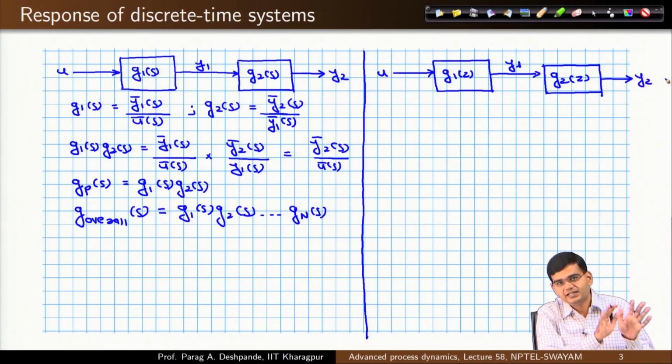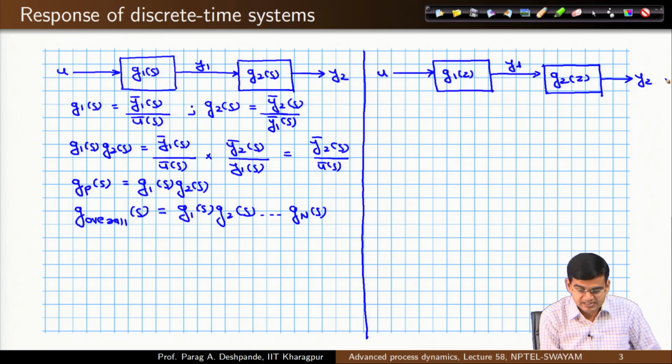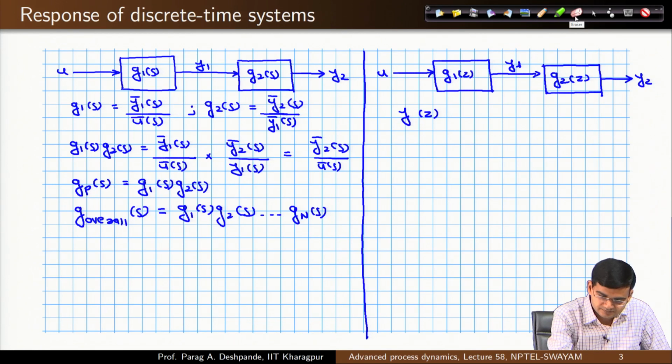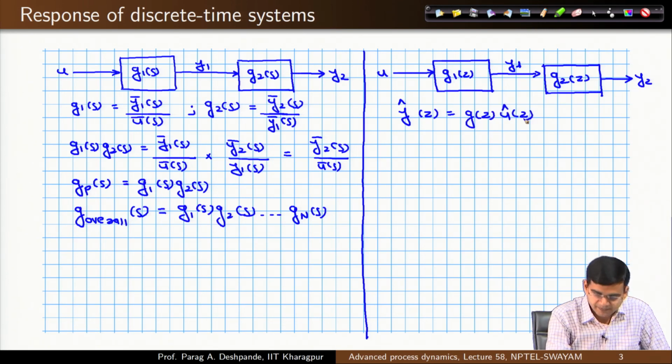So, I can write exact same steps here, because if you remember the block diagram which we wrote in the previous case, our expression was that y of z is equal to g of z multiplied by u of z, right.